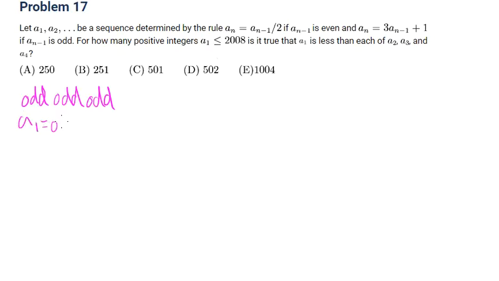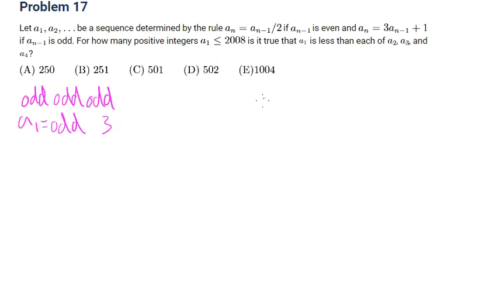Basically, A1 is odd, and A1 times 3 plus 1 will also be odd. But wait, no! That's literally not possible, because 3A1 will also be odd, so plus 1, it's going to be even.